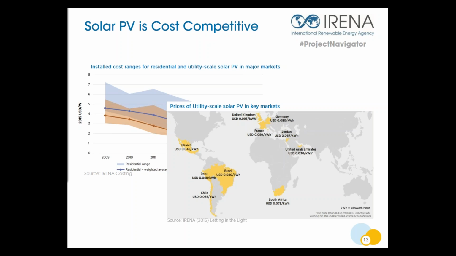It's a combination of a good solar resource, a market environment that allows for low investment cost and low cost of financing, but you see relatively low cost for utility solar PV also in many other countries, and this is an important engine for the growth in this sector.